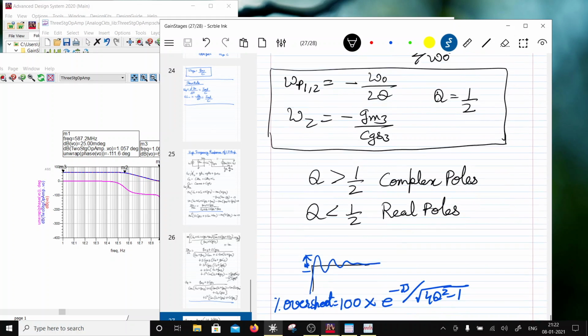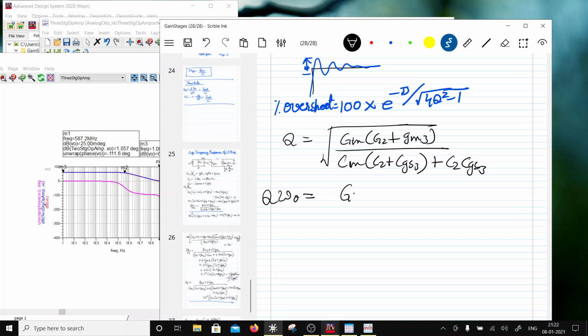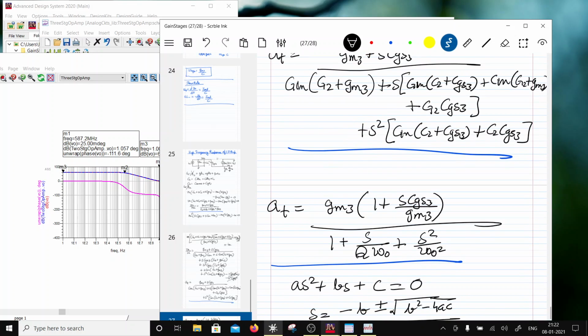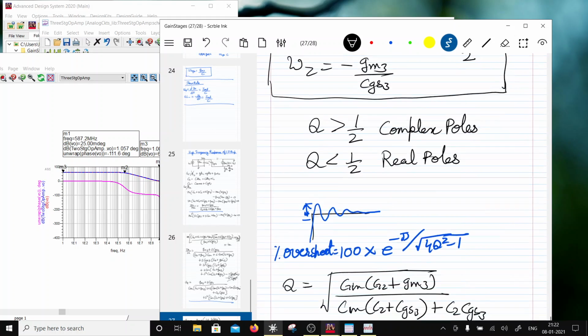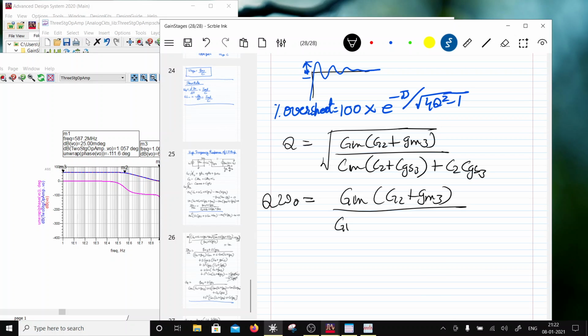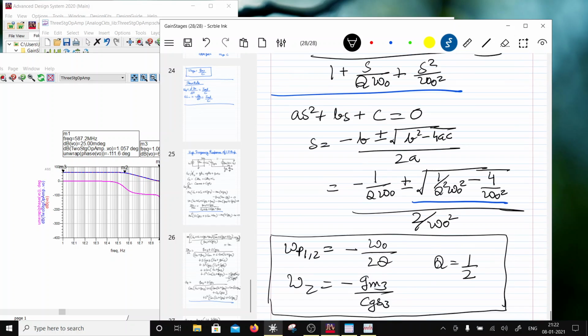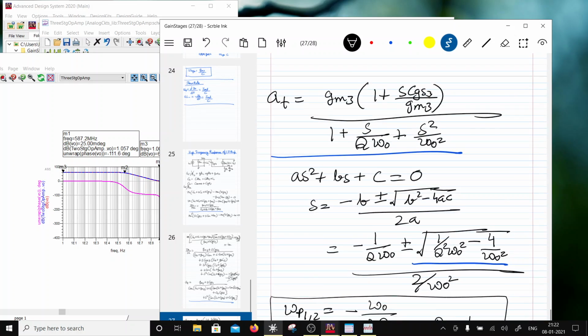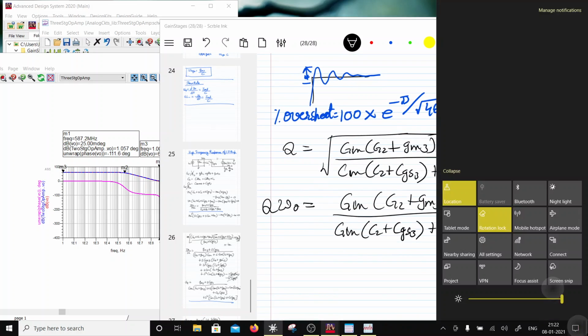So it will be g in g2 gm3 divided by that number, which is g in c2 plus cgs3 plus c in times of g2 plus gm3.